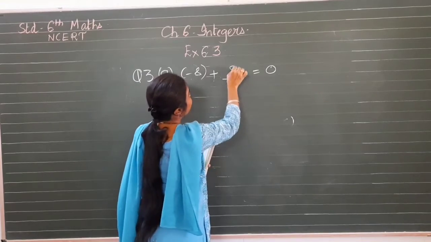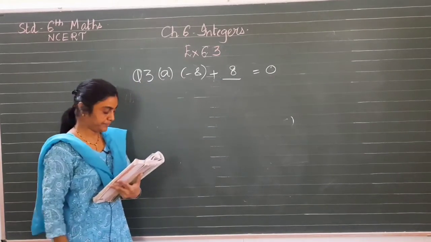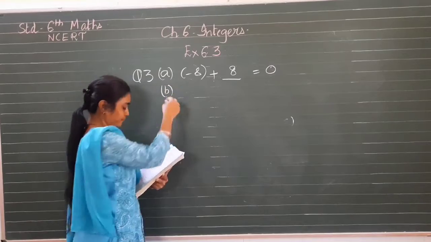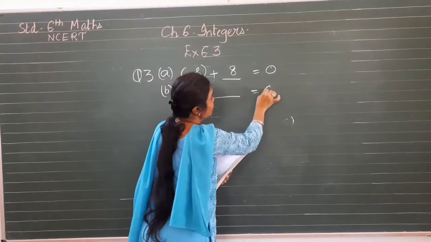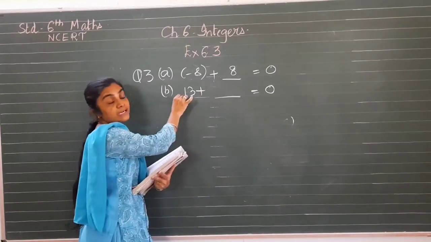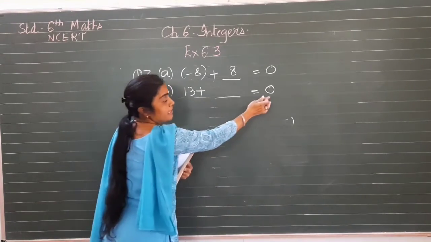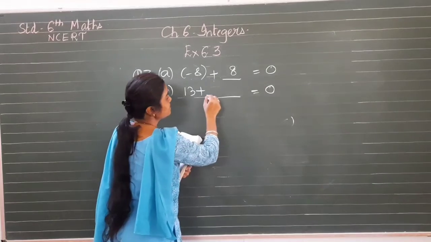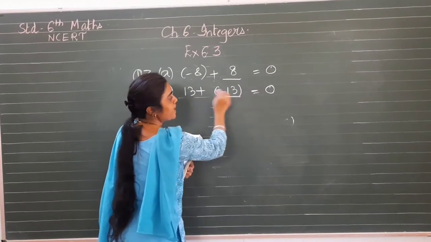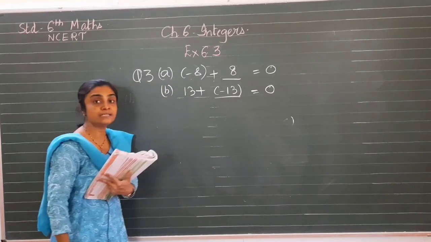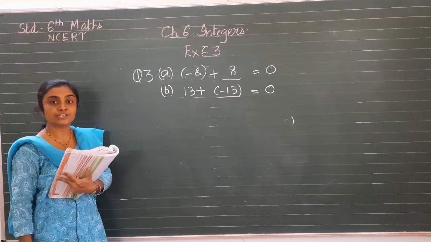So the answer will be plus 8. Now B, 13 plus dash is equal to 0. Here plus 13 is there, here again 0. So the additive inverse of plus 13 will be minus 13. If you perform plus 13 minus 13, the answer is 0. So this was about question number 3.